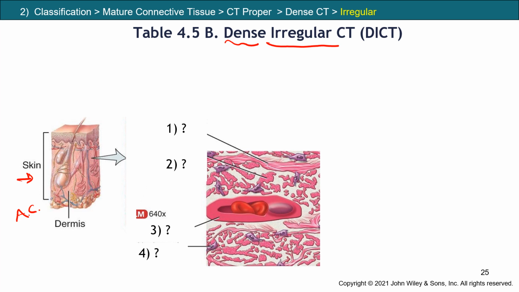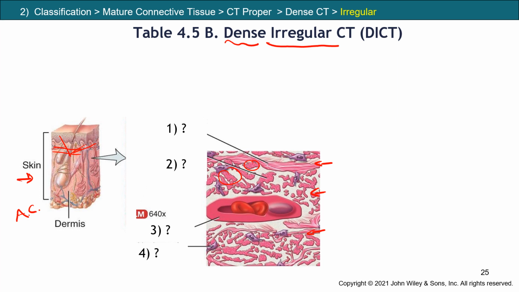Here in pink you will have a lot of collagen fibers, but they are not running in parallel. Some of them will be in parallel, and some of them will go in another direction, and other ones in another direction. So this is the difference with the previous tissue, the regular one. Here those collagen fibers are running in a random pattern.